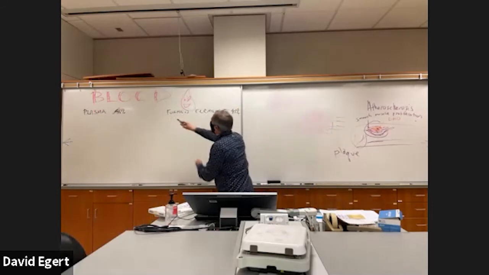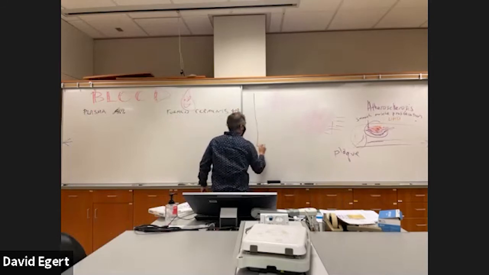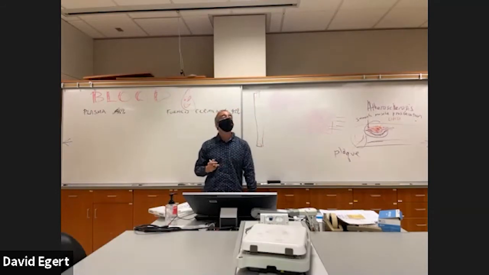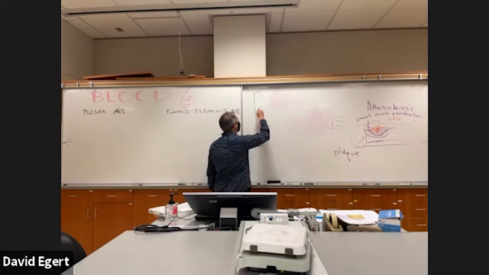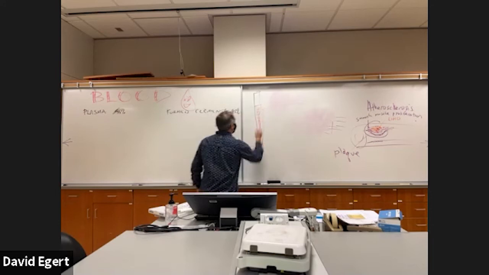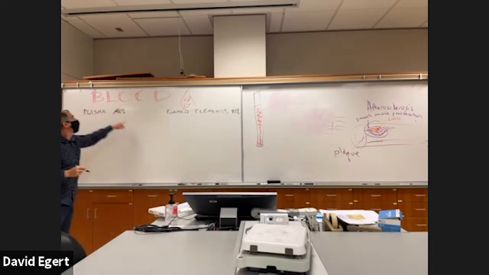Basically, you're going to be sticking your fingers later this morning and letting your blood fill up a little capillary tube, which is gonna be a mix of cells and fluid.